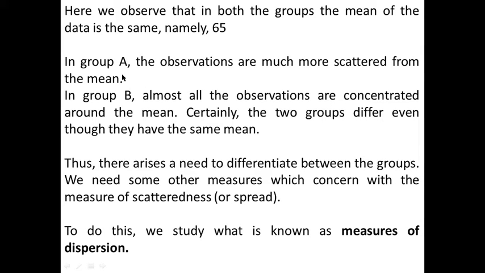In both Factory A and Factory B, the mean is the same, but the data is scattered largely from the mean in Factory A, and the data is closer to the mean in Factory B. Thus, there arises a need to differentiate between the groups.